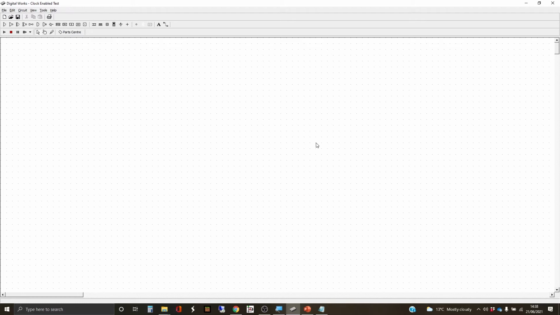So the basic principle that I want to talk about is this idea that the user of the circuit has some control over what the inputs are going to be, and then the circuit itself controls what the outputs are going to be.